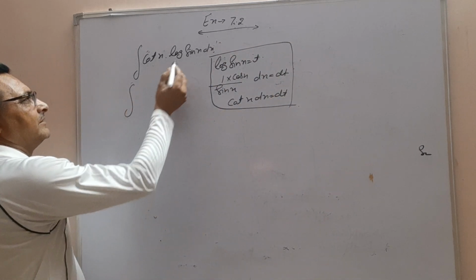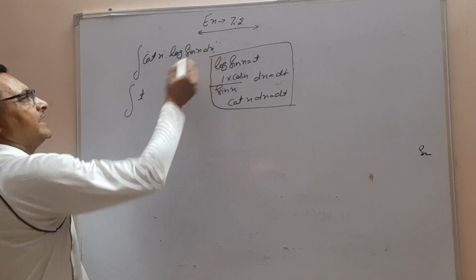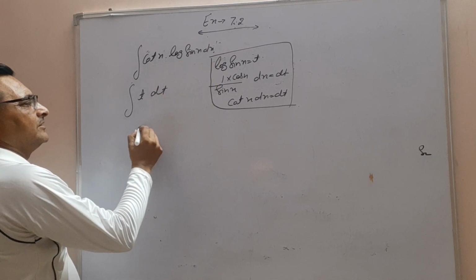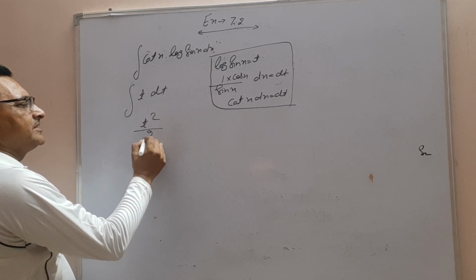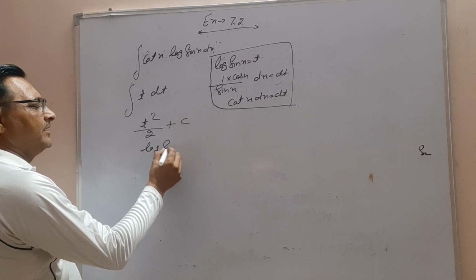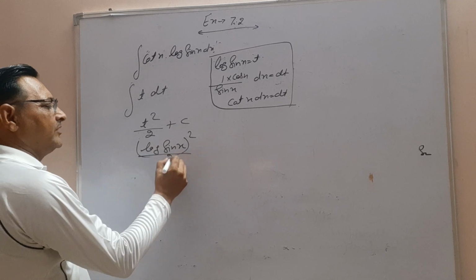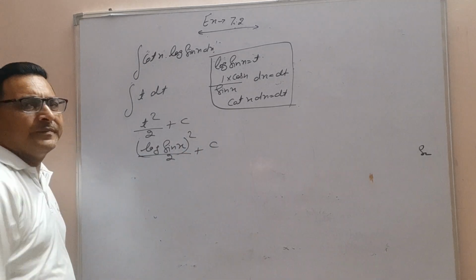What will it be? This function is t and cot x dx is dt. You can do its integration, t square by 2 plus c. Put here the value of t: log sin x whole square by 2 plus c.